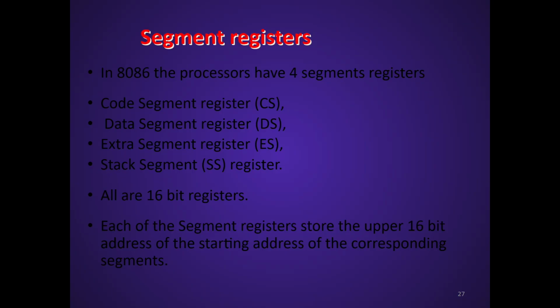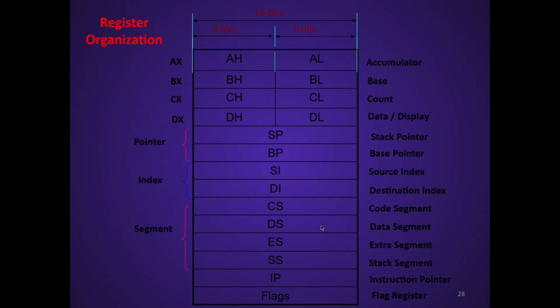Each of these stores the 16-bit starting address of the corresponding segment. The general registers like AX, BX, CX, DX are 16-bit, and within them we have 8-bit registers like AH, AL, BH, BL. These registers can be used with the segments like CS, DS, ES, SS.